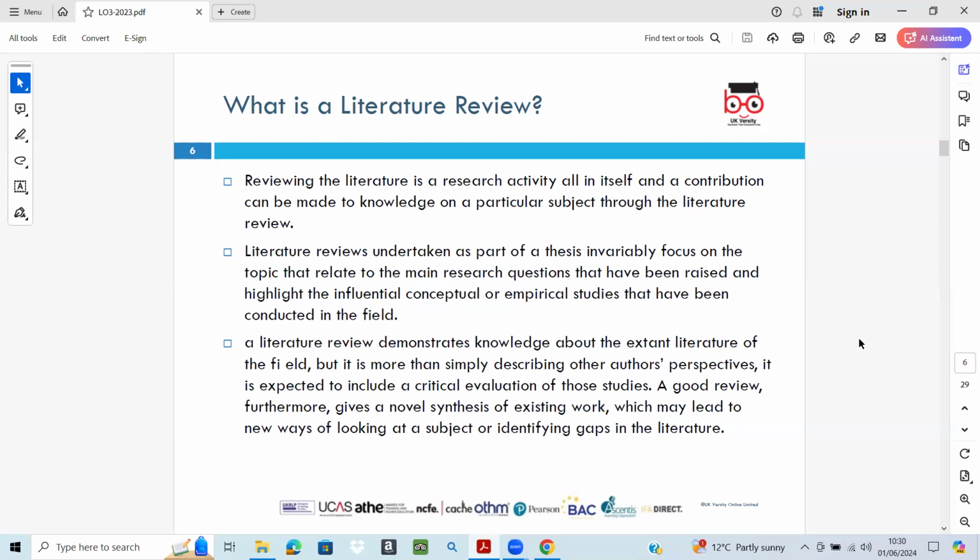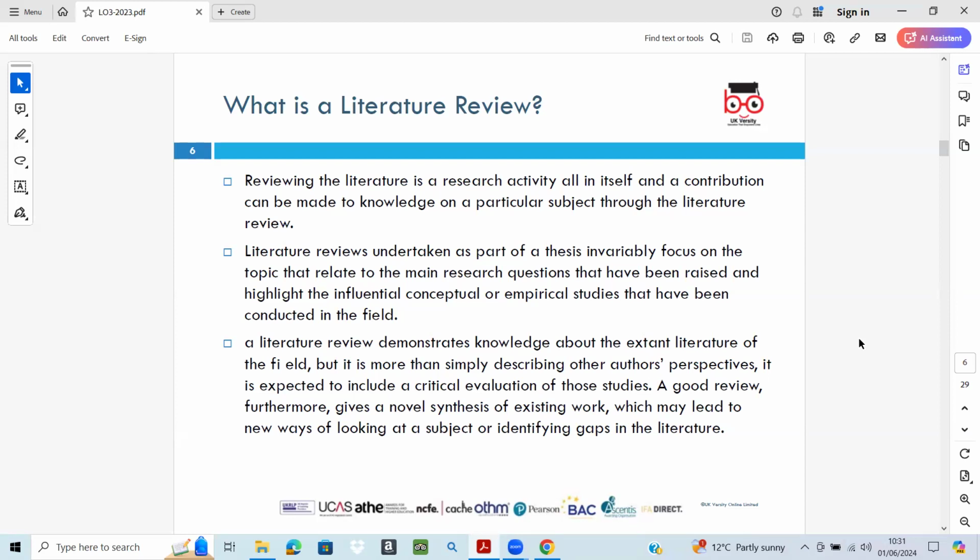Then knowledge contribution. A well-executed literature review contributes to the field by summarizing what is known, highlighting key findings, and uncovering gaps or inconsistencies in the existing literature. This can often lead to new insight or direction for future research. Then we have focus on main research questions.